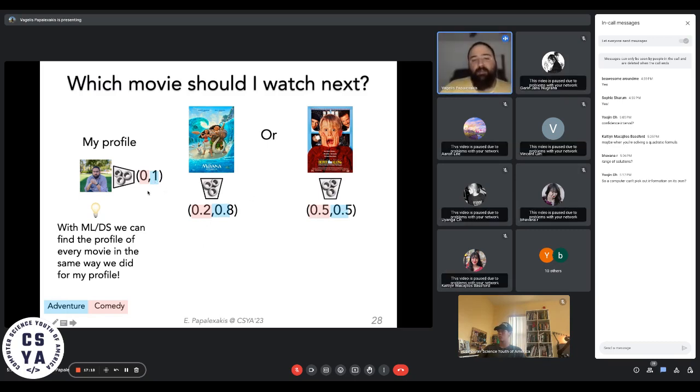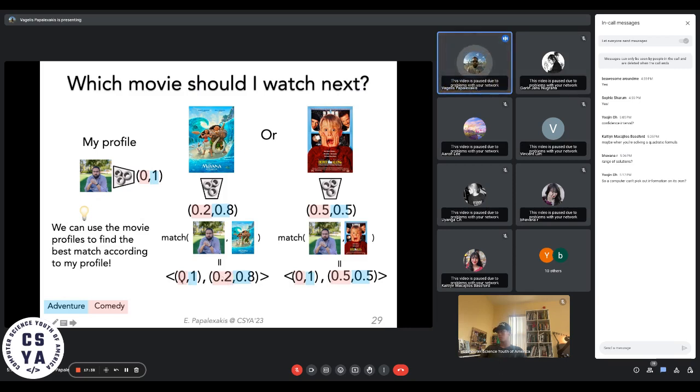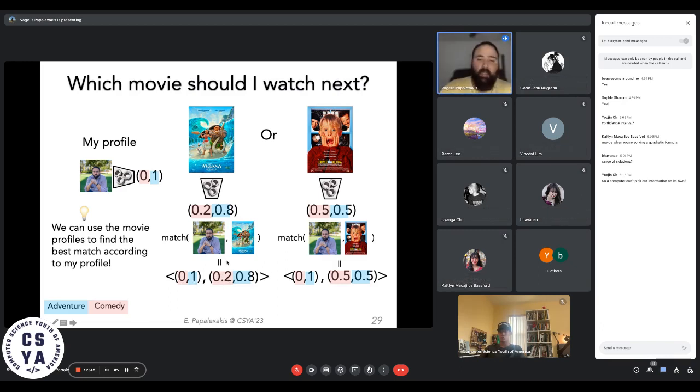So here's where linear algebra is extremely useful, because we're going to take the inner product of my profile and the movie profile, and multiply them. The match between me and Moana is a 0,1 vector times a 0.2, 0.8 vector. So this is 0 times 0.2 plus 1 times 0.8.